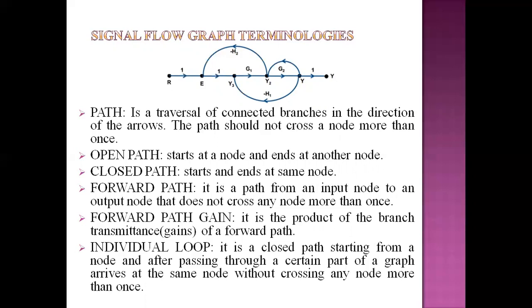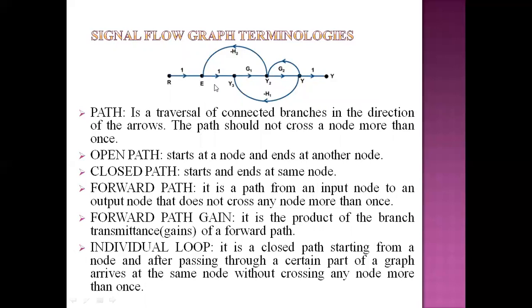Forward path gain is the product of the branch transmittance gains of a forward path. Individual loop is a closed path starting from a node and, after passing through a certain part of a graph, arriving at the same node without crossing any node more than once.